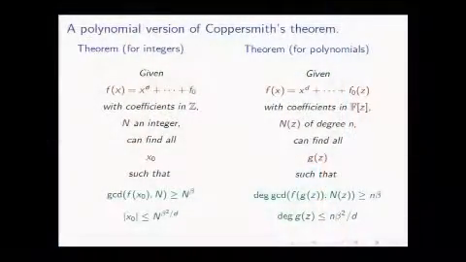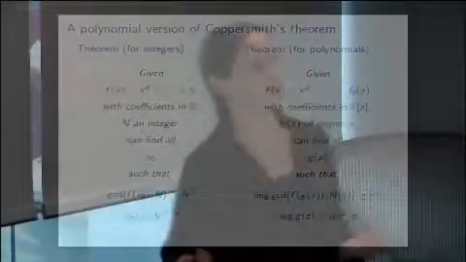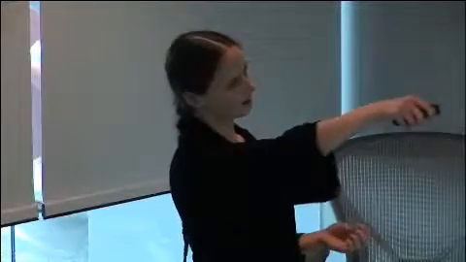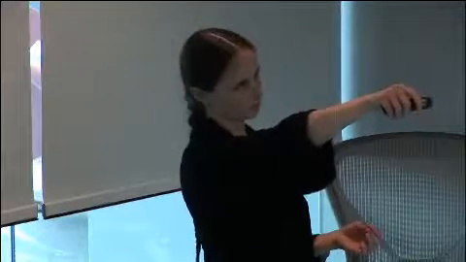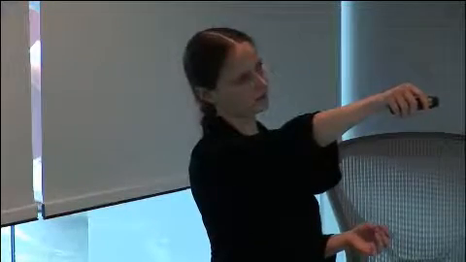So we just proved this lovely theorem over the integers, and we have this nice analogy. So let's translate it to the polynomials. In the translation of this theorem to the polynomials, instead of having a polynomial with integer coefficients, we're going to have a polynomial whose coefficients are polynomials in some new variable z.